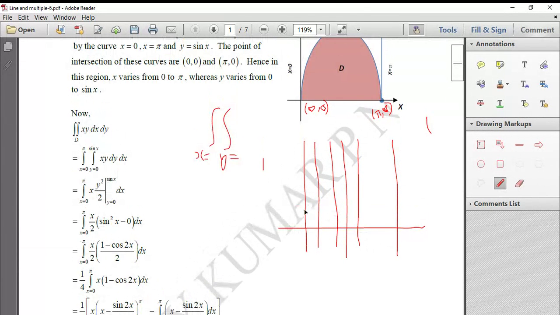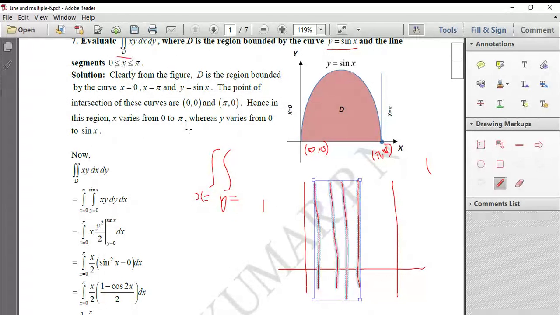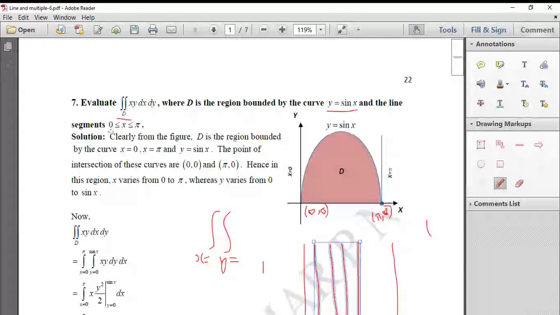So I have taken all the points, starting with x equal to 0. When you draw all these lines parallel to the y-axis, all the points on the lines x equal to 0, x equal to 1, x equal to 2, and so on, up to x equal to pi, are in the given region.